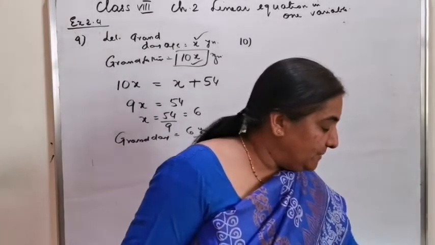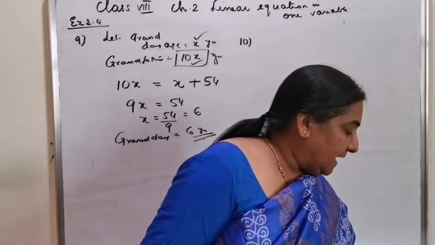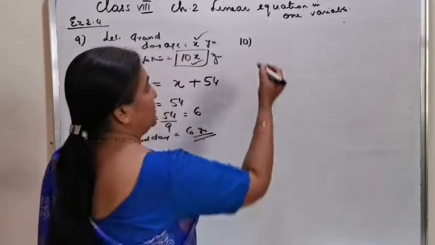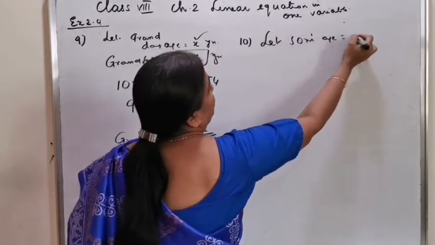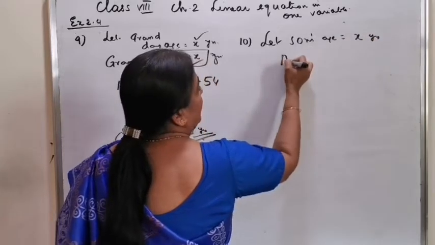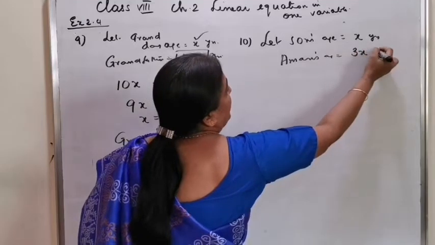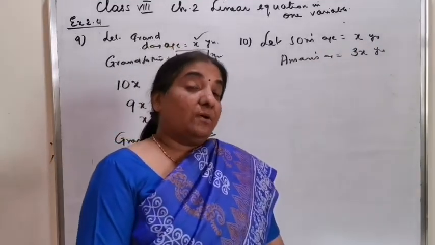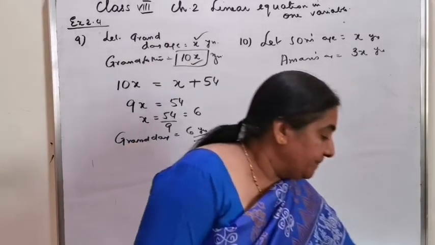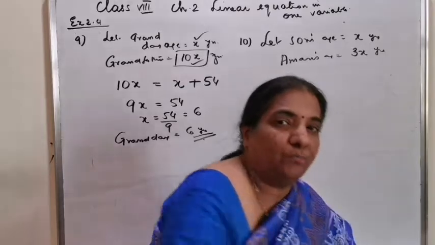Next age problem: Aman's age is 3 times his son's age. So let son's age be x years. Immediately, Aman's age is 3x years. 3 times, times is multiplication. Elder means addition. Next is 10 years ago.